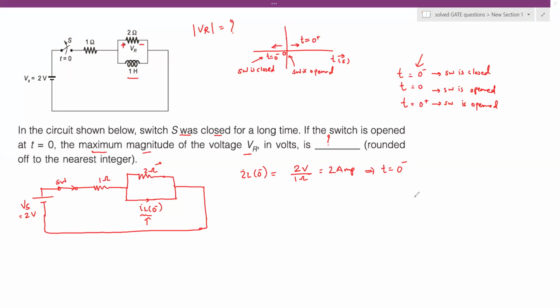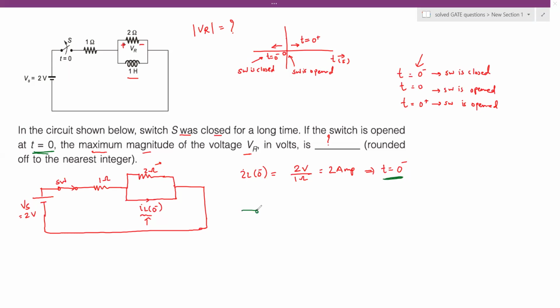Now we have to draw the circuit at t equal to 0 plus. So I'll say that at t equal to 0, the circuit switch is opened. So this is the case at t equal to 0 minus, and now we'll draw the circuit right here when the switch is opened.